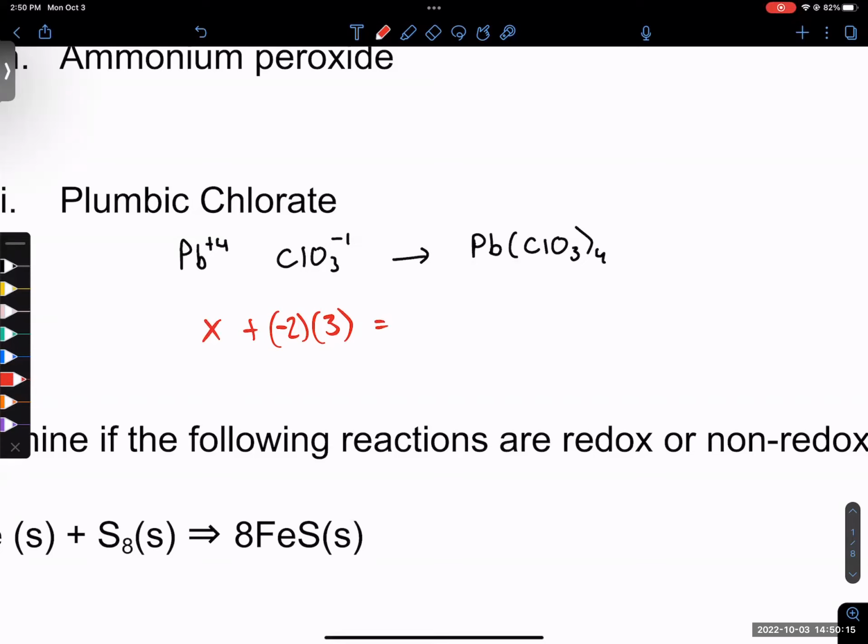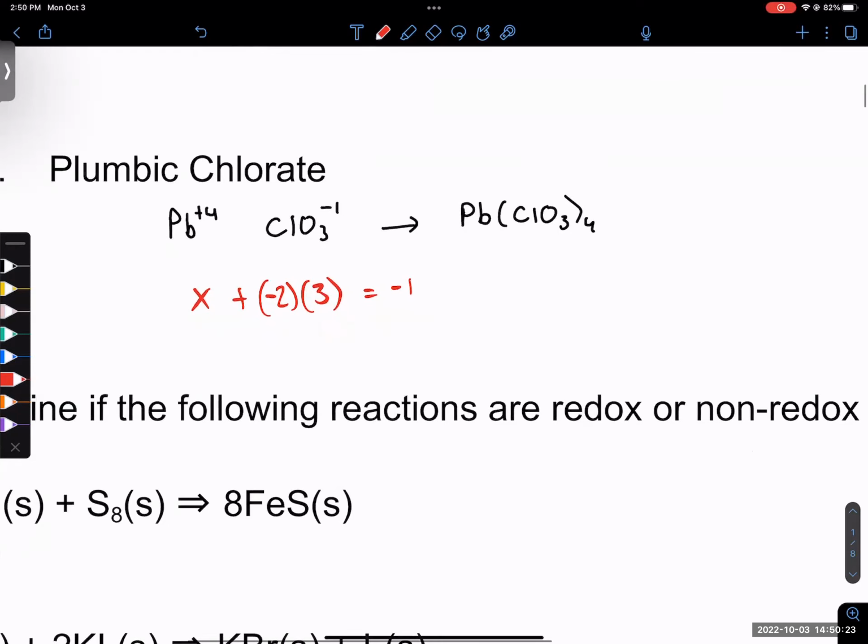This is equal to the overall charge of the chlorate anion, which is -1. So when we multiply this out, we get x minus 6 equals -1, because -2 times 3 is -6. To cancel this out, we add 6 to both sides, and we get x is equal to 5. So that x is telling us the oxidation number on the Cl. So +5 here. The oxygen has a -2, and the lead already tells us it's +4.